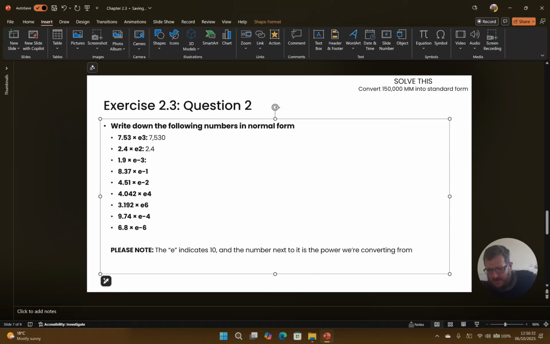We have the following. It's to the left. 3 zeros to the left. And E1, it's 1 zero to the left of that number.